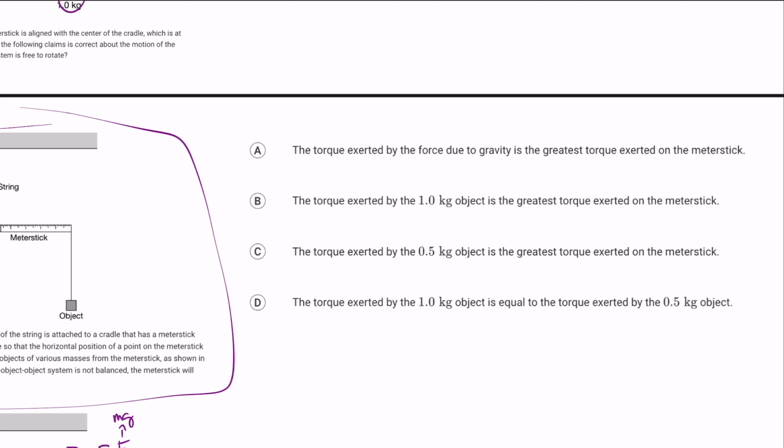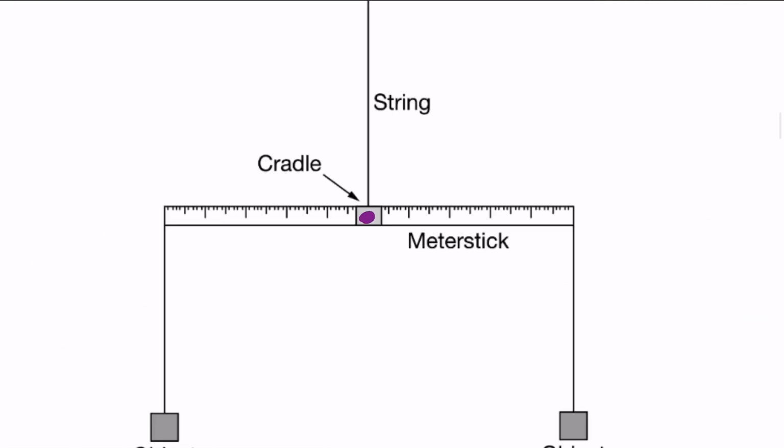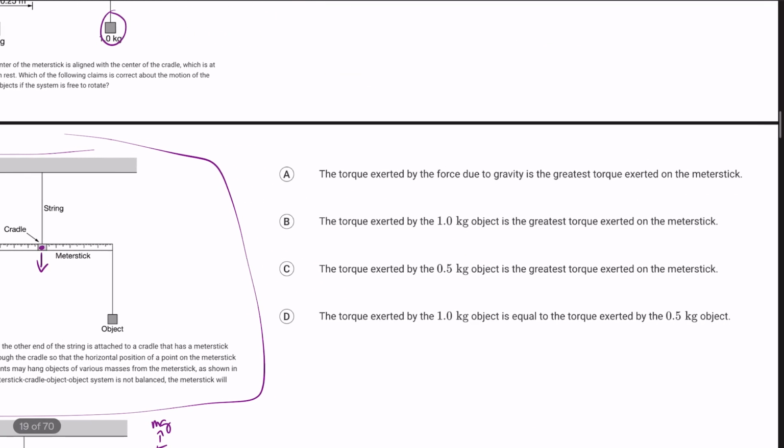This is saying that the torque generated by force due to gravity on the meter stick is the greatest torque generated. But that's not true at all, because the force due to gravity on the meter stick is being exerted at its center point. And that center point is 0 meters from the axis of rotation. So that's why the force due to gravity on the meter stick itself, due to the mass of the meter stick, doesn't generate any torque. So that's why A is definitely not the correct answer.